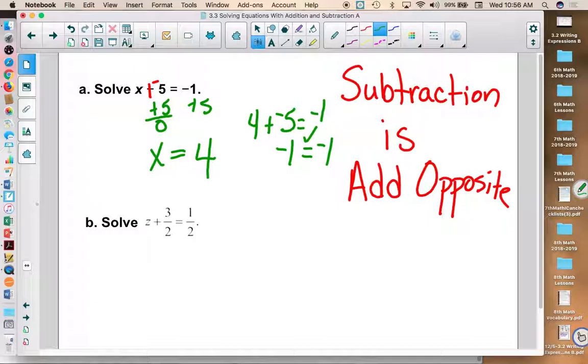If I have a plus 3 halves, and I want to create a 0 pair, I'm going to add what into it to get that 0 pair, Javen? I'm going to add a -3 halves, good, to both sides.